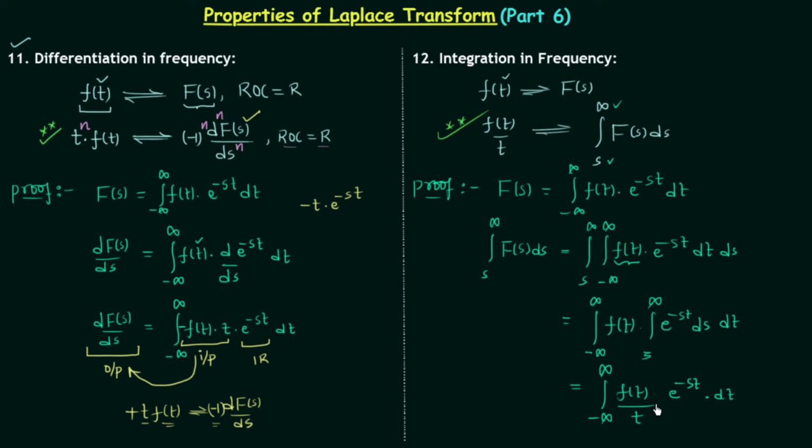In this way we have the Laplace transform, and you can see we have the integral kernel e power minus st, and this makes f(t) divided by t our input signal, and the integration from s to infinity of F(s) ds is the output.